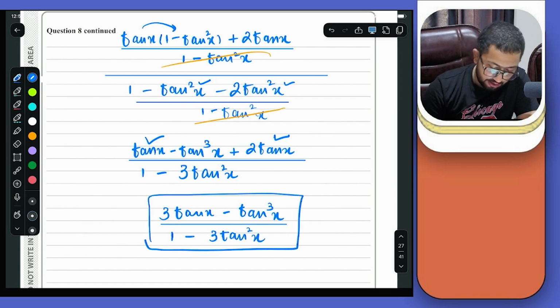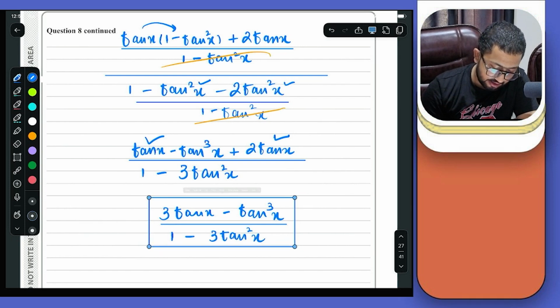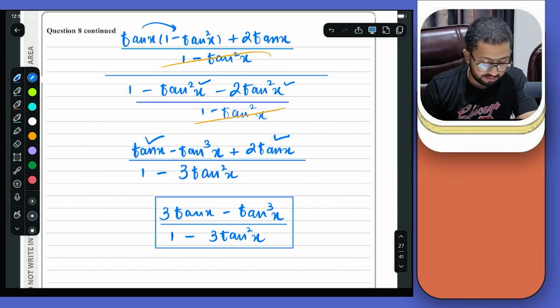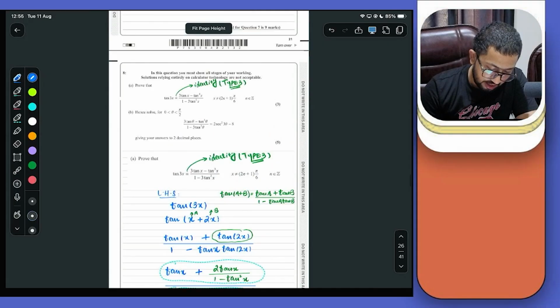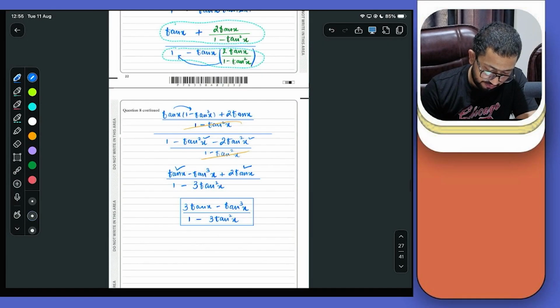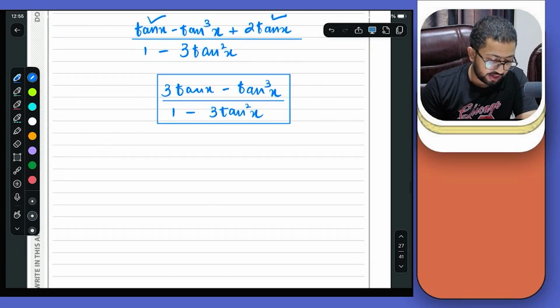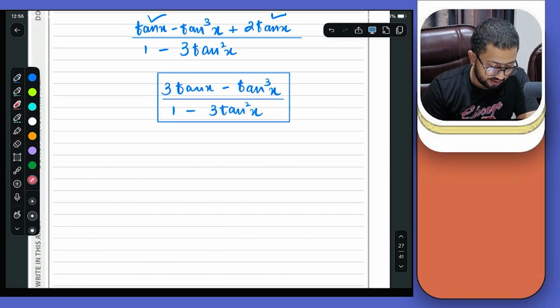So I already told you, mathematics is all about learning. It's not all about understanding. So please remember, I think that is what we want to prove. Yeah, exactly. So don't forget the idea: whenever you have a 3x angle, first you have to convert 3x angle into x plus 2x angle.